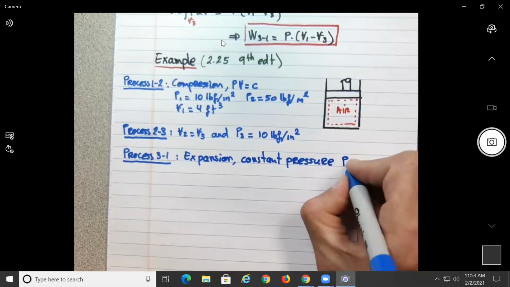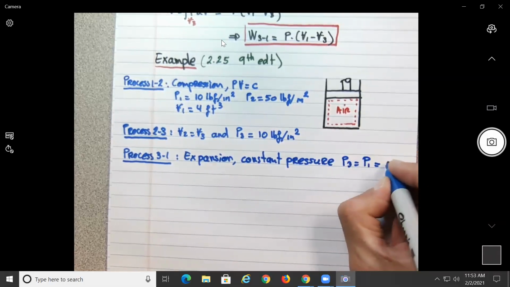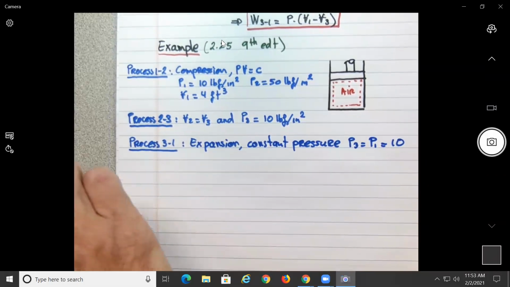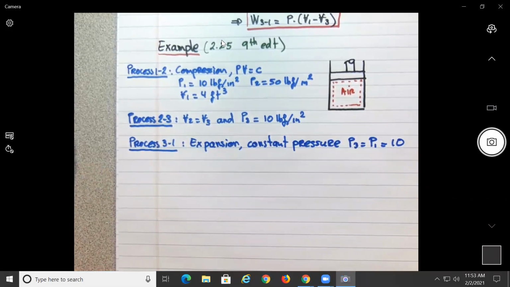So you can write P3 equal to P1, and this will be 10. Okay, and they ask you to sketch the processes on a PV diagram and to find the work for each process. All right, so basically what we did before.